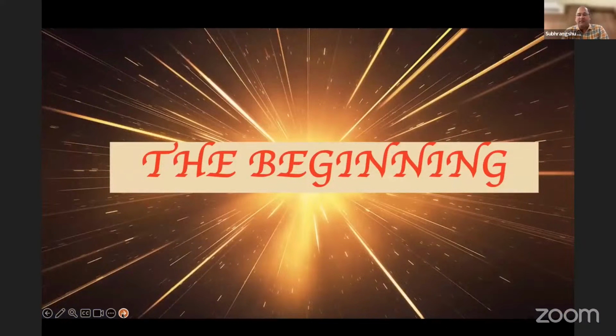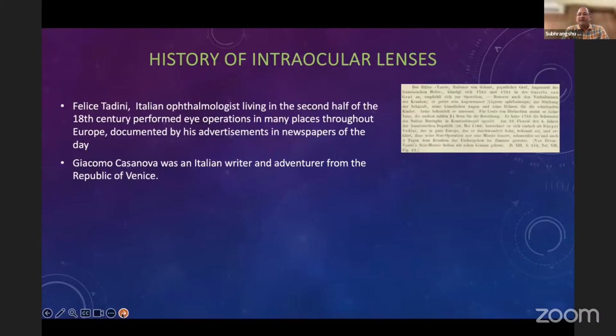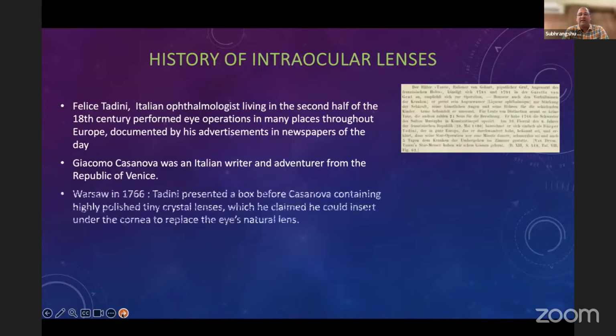So let's start from the very beginning. The history of intraocular lenses. There was one gentleman, Mr. Tadini, an Italian ophthalmologist living in the second half of the 18th century, who performed eye operations in many places throughout Europe and documented them by his advertisements in newspapers of those times. Then there was Mr. Casanova, an Italian writer and adventurer from the Republic of Venice.